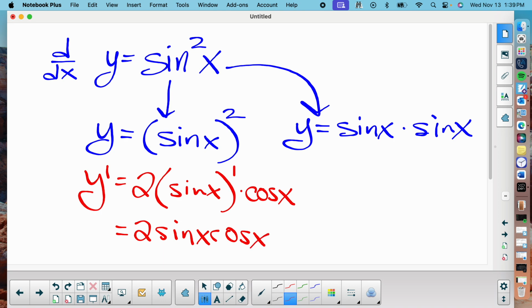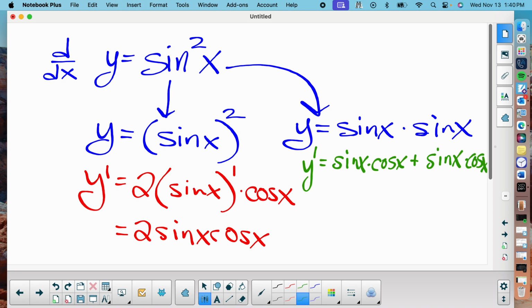Now the product rule one, I'm assuming you guys want me to write that one up there relatively quick. The product rule one isn't actually that difficult either, just because the two parts are the same. So product rule, you would do first times derivative of second plus second times derivative of first.